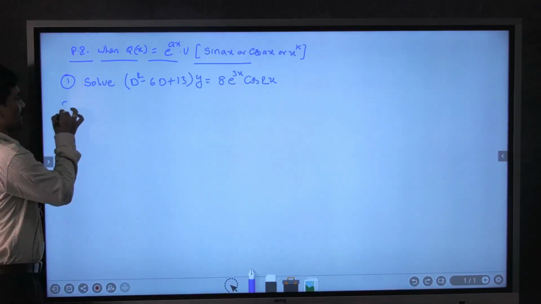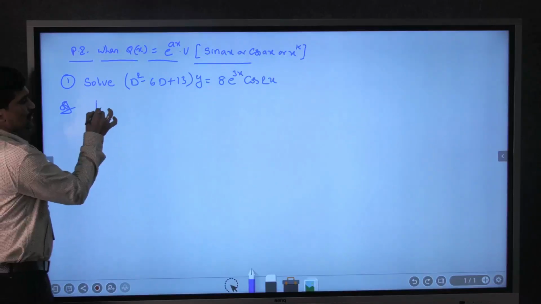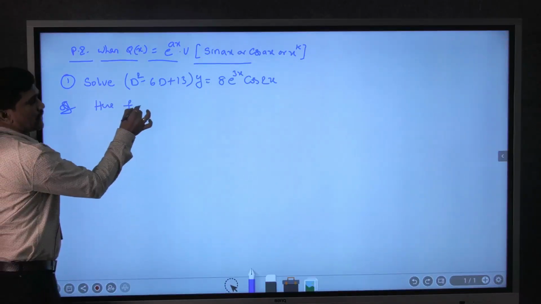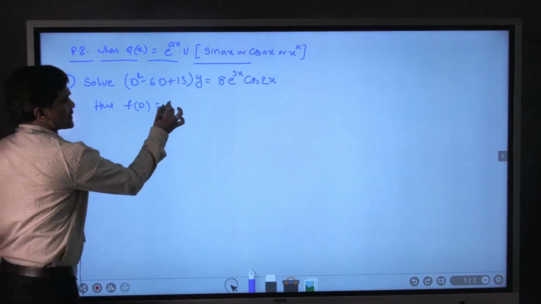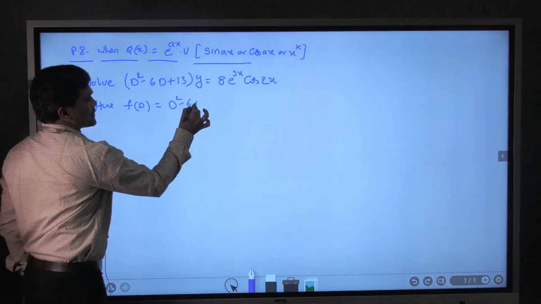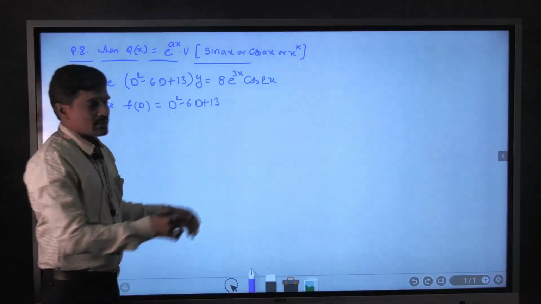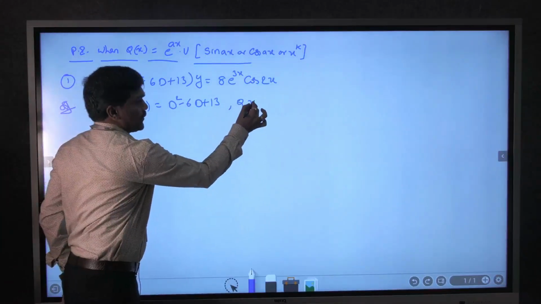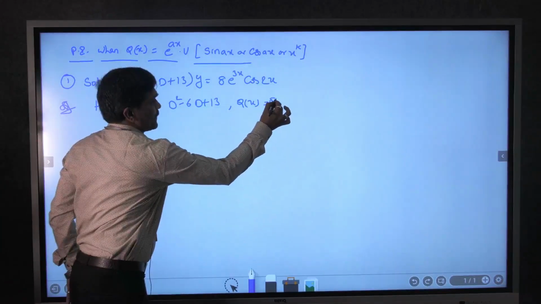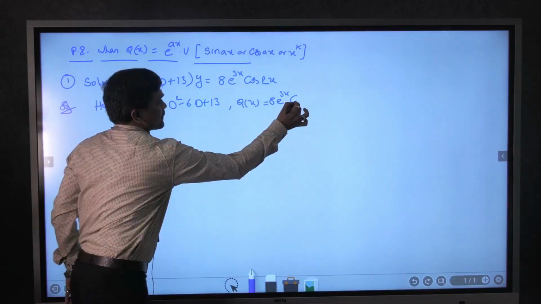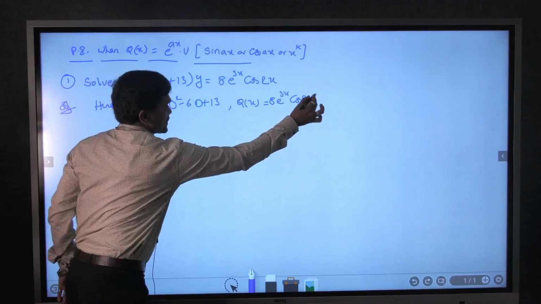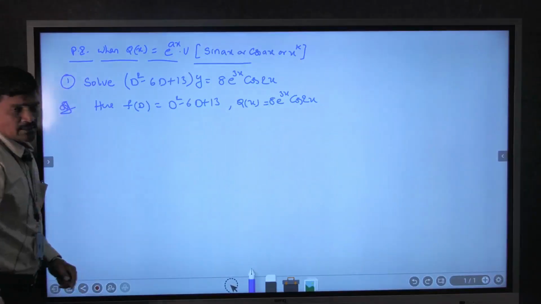Now to find complementary function, first of all, what is given here? Here f of D is D square minus 6D plus 13 and Q of x is 8 e power 3x into cos 2x, right?